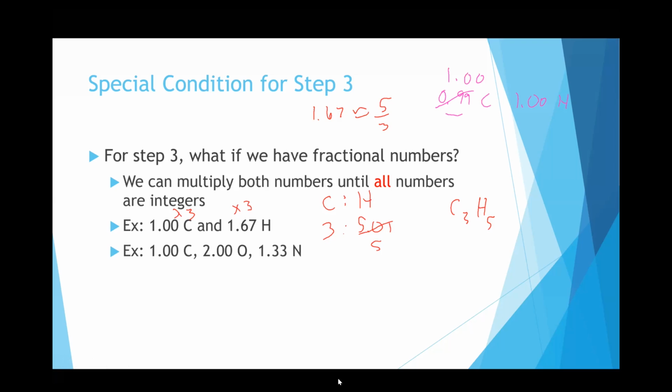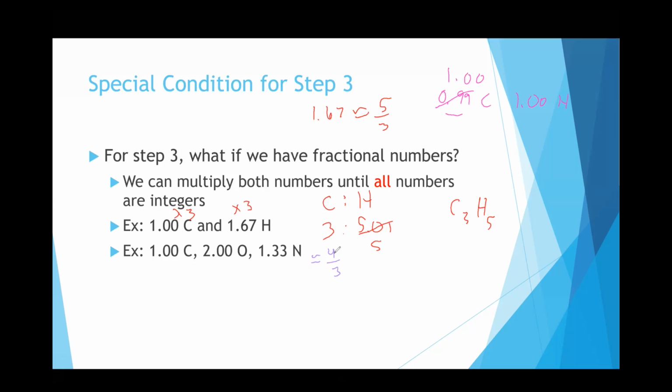So here's another example that we're gonna do. Carbon 1, oxygen 2, nitrogen 1.33. The carbon and oxygen are fine, they're whole numbers, but the nitrogen is not close enough that we could round. If you know a little math, you realize this is approximately 4/3.